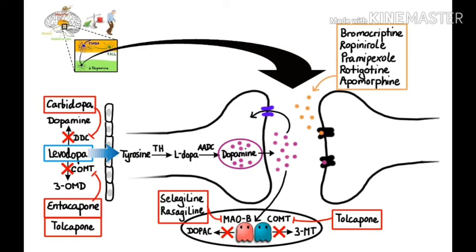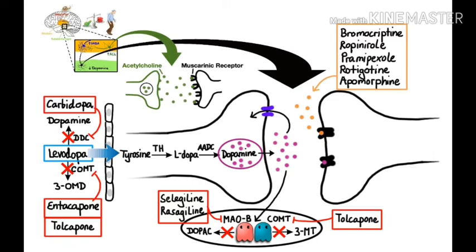Now, as I mentioned at the beginning of this lecture, in Parkinson's disease, dopamine depletion leads to increased acetylcholine release, which then activates muscarinic receptors located on the neurons responsible for smooth motor control. The overstimulation of these neurons by acetylcholine then causes tremors and rigidity.